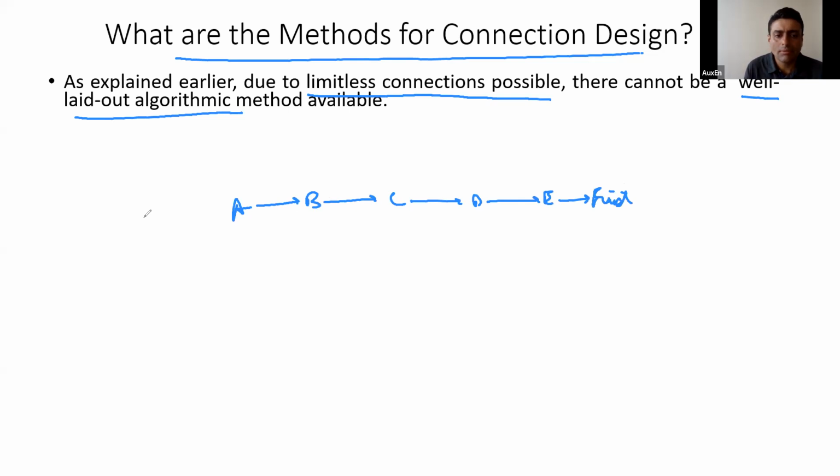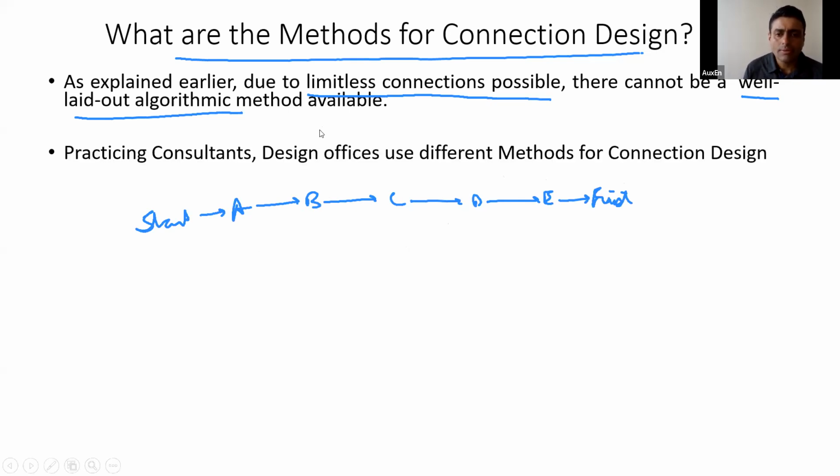This is what I mean by a well-defined algorithmic method, step by step. Because you have so many connection types possible, you cannot always have a step-by-step approach, but you will have to suitably work out your way for the connection that you are going to design.